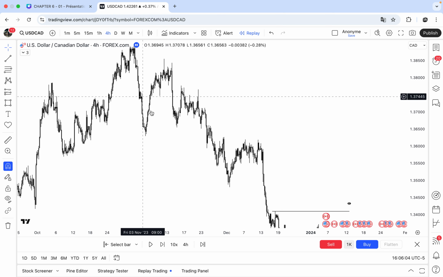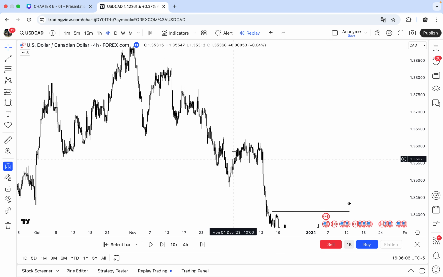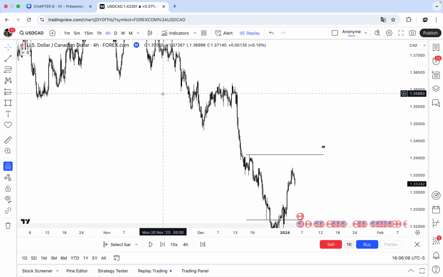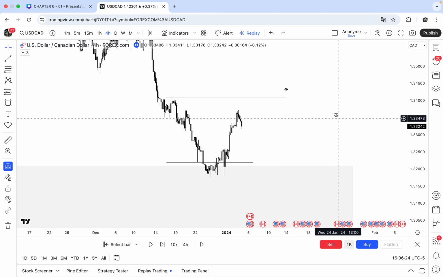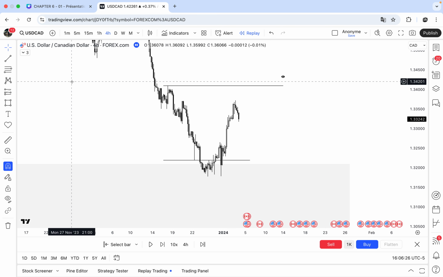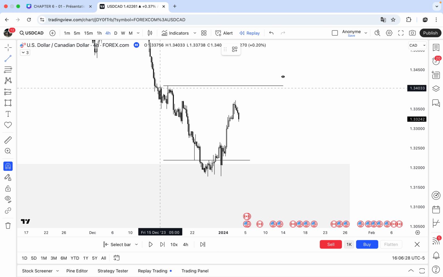So right now, price is bearish, right? So the highs are getting turtle soup. Here, turtle soup. Here, turtle soup. And the lows are getting broken all the time. Here, another turtle soup.